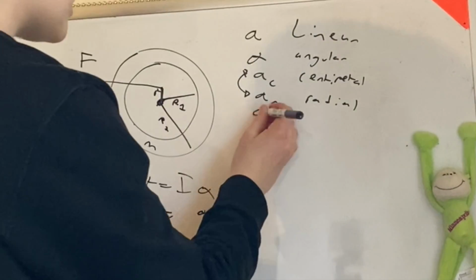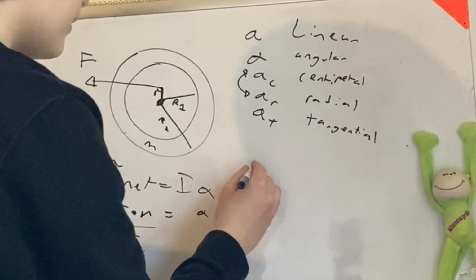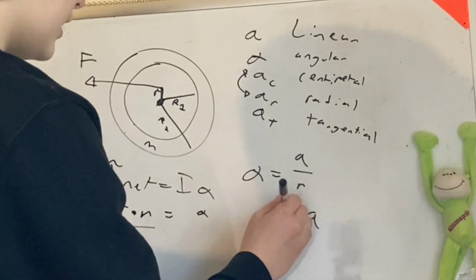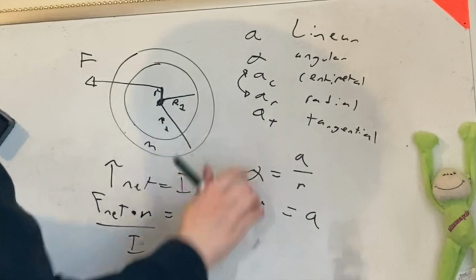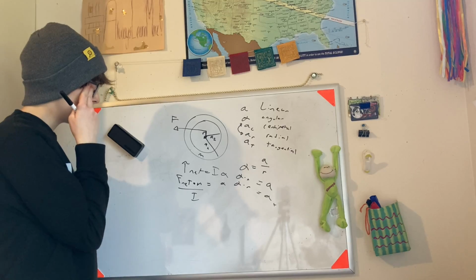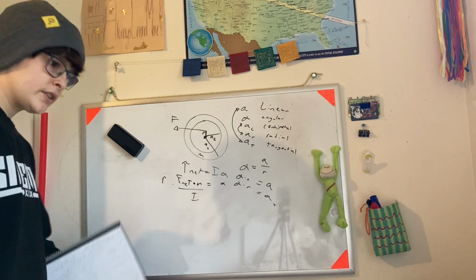Finally, there's the one that we want to know about, which is tangential. Remember, alpha equals linear acceleration over r, so a equals alpha times r. This is also the same for tangential. a_t equals alpha times r. So that should be it. That's all I have. Thank you for watching. Good luck on the test.